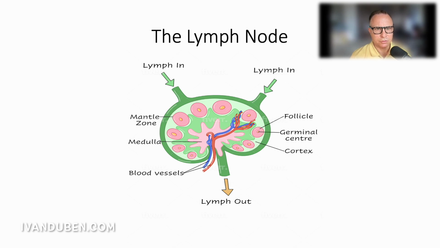Looking at the individual lymph nodes, what's critical to appreciate in this dynamic is that even though you have lymph coming in and lymph coming out of the lymph node, you also have blood vessels that are supplying each individual lymph node.